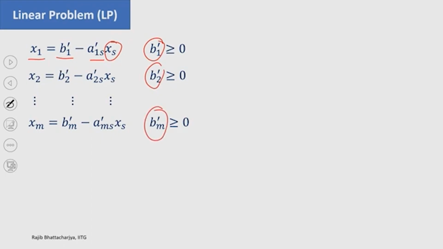So, from the first equation I can write x1 equal to b1 dash minus a1s dash xs. Similarly, from the second equation I can write x2, and from the last, xm, like this.